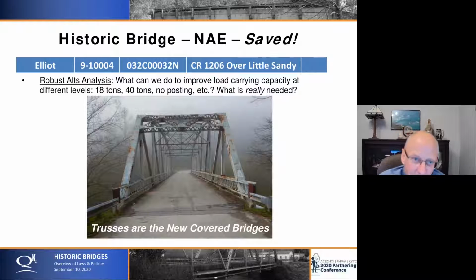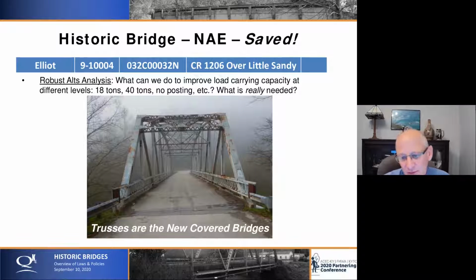And in fact, a lot of well-meaning structural engineers and maintenance folks have a goal to remove truss bridges because they can be a lot of maintenance cost and a lot of work. But every truss bridge is historic. Every truss bridge is eligible, and every truss bridge must be approached with a historic preservation mindset and goal. Maybe you can't always do it, but that is definitely the goal that we should strive for.